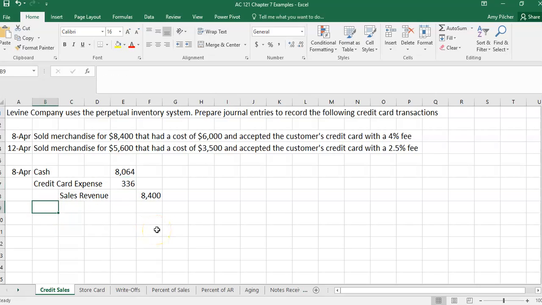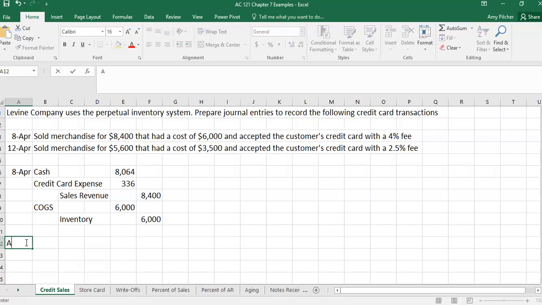Remember, anytime we record a sale, we also have the cost of goods sold and the inventory. So we have cost of goods sold of 6,000 and inventory of 6,000.